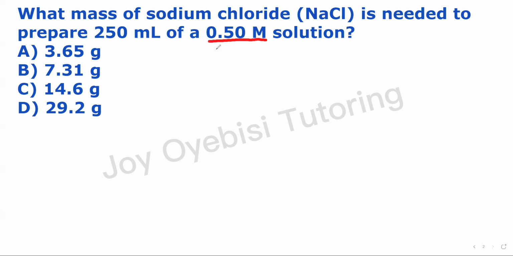So molarity, big letter M, is simply moles per liter, where the mole is represented as n, the moles of the solute, and the L is, of course, the volume, V. So we have the molarity given to us as 0.50, and the volume is given to us as 250 ml.